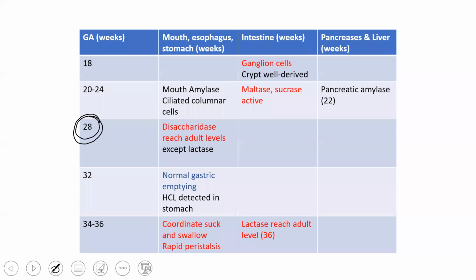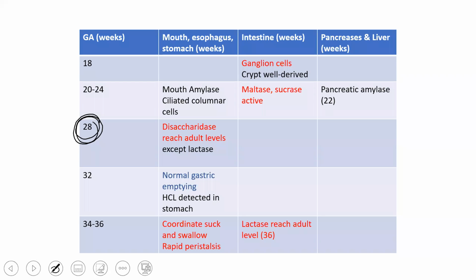Next, a very important time value is around 28 weeks. Almost all the disaccharidases, which include maltase, isomaltase, lactase, and sucrase, become adult level at 28-week gestation. The lipase enzyme is usually late, around 36-week gestation.